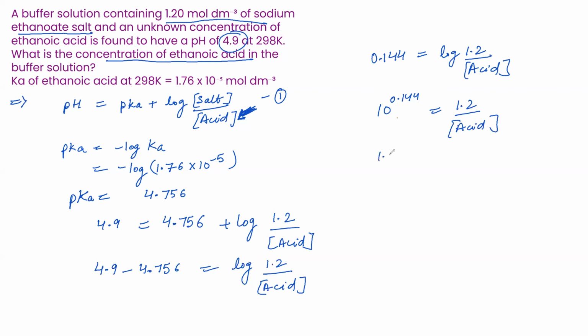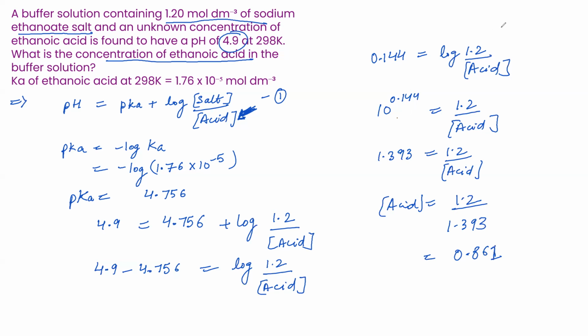You will get 1.393 equals 1.2 divided by acid concentration. So the concentration of acid would be 1.2 divided by 1.393, which comes out to be 0.861. I hope this is clear to you.